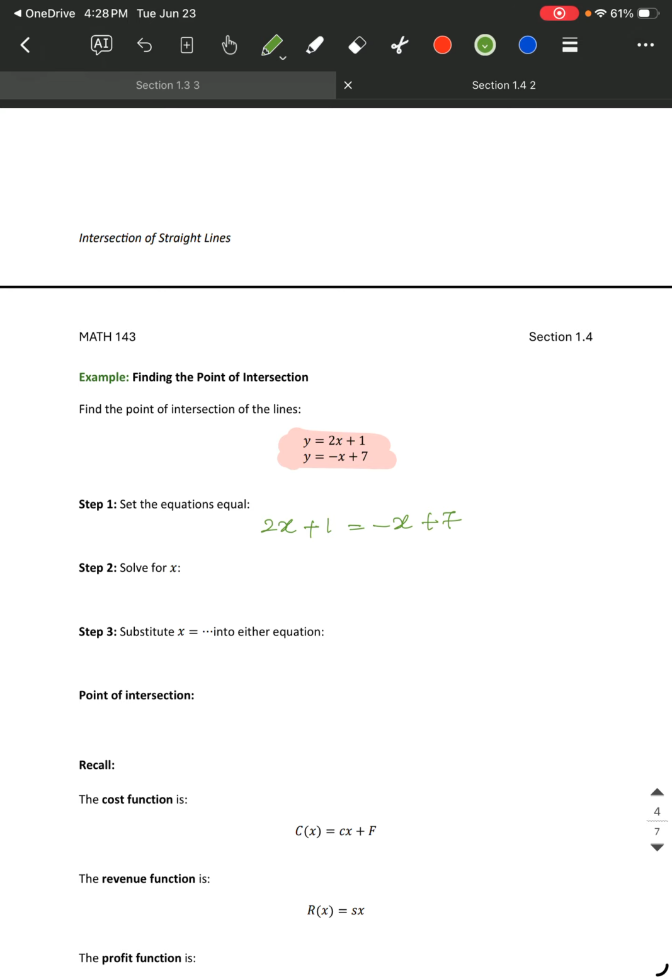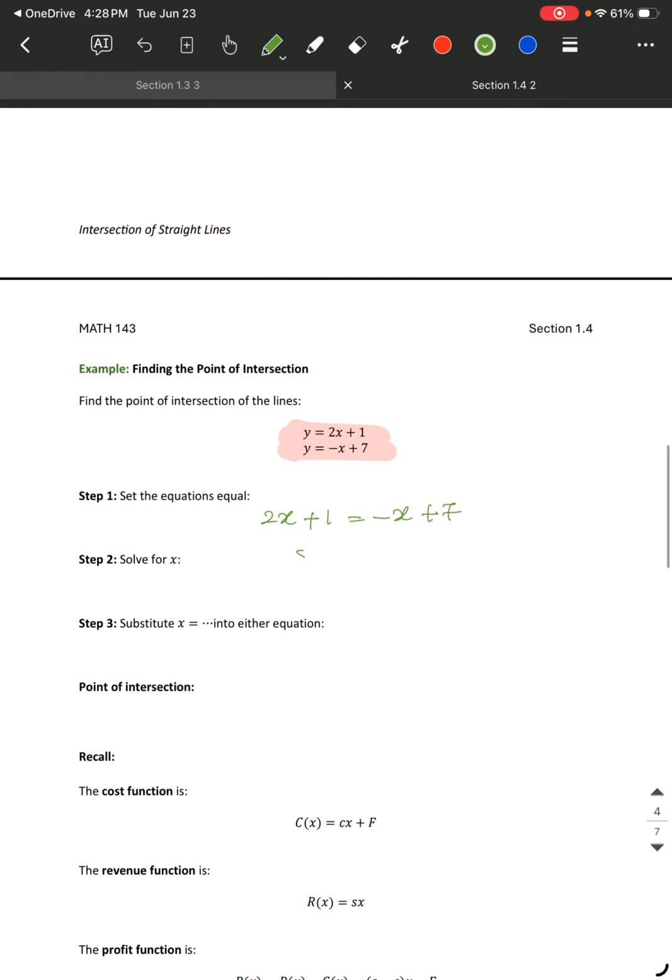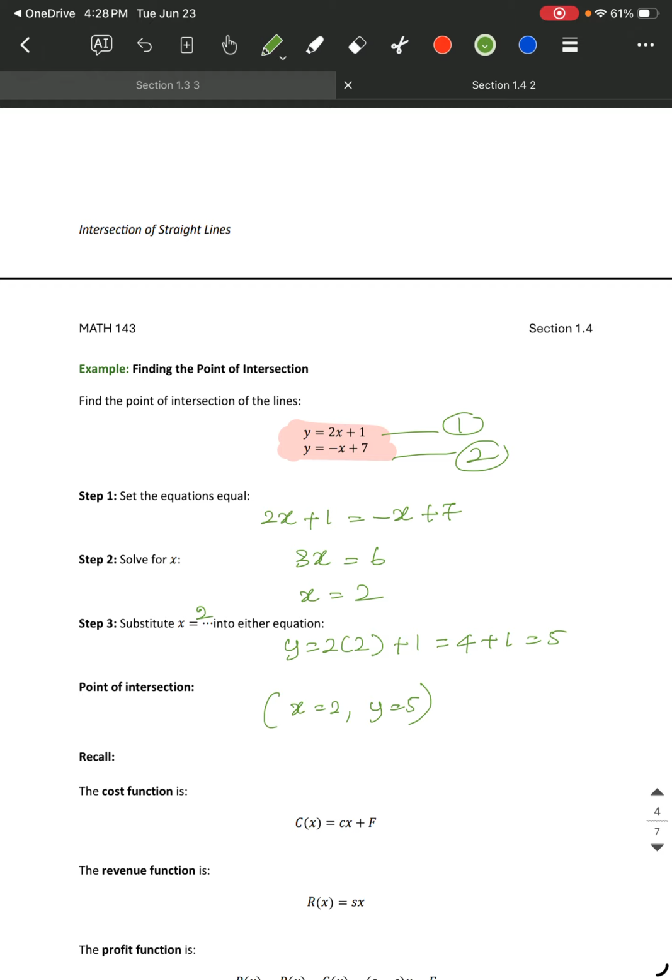Then we solve for x, since we have only the variable x here. 3x equals 6, x equals 2. Then substitute x equals 2 into either equation: y equals 2 times 2 plus 1, 4 plus 1, 5. Therefore, the point of intersection is x equals 2, y equals 5.